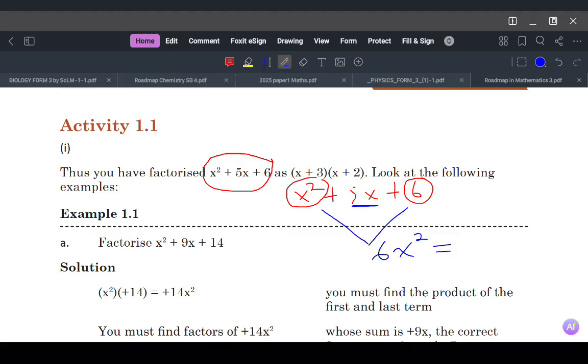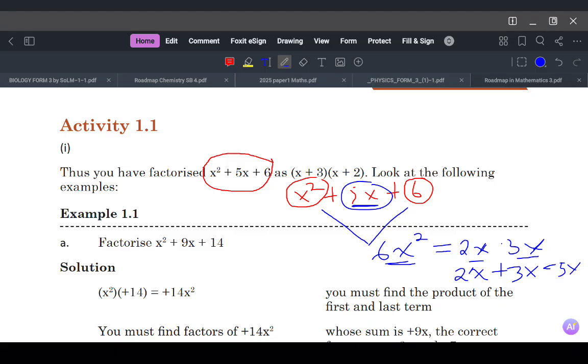All right, so you'd appreciate that 6x squared is just the same as 2x multiplied by 3x. If you multiply these two, you get back 6x squared. But if you add them up, if you add 2x plus 3x, you shall get 5x, which is the term in the middle here.